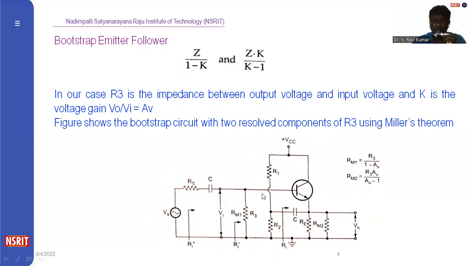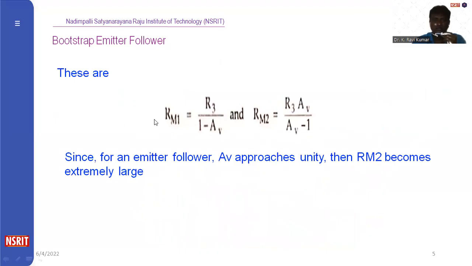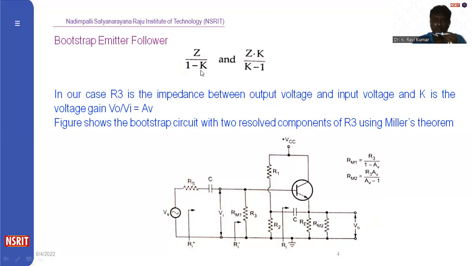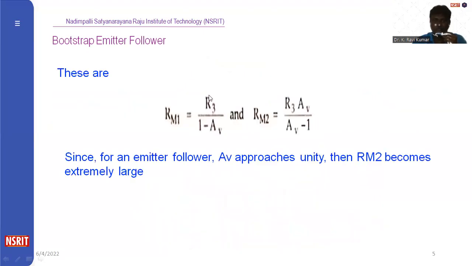So here we are removing the R3. That R3 is connected as RM1 and as RM2. Right? This RM1 is equal to R3 by 1 minus AV and RM2 is equal to R3 into AV by AV minus 1. Previously we have seen Z by 1 minus K. In the place of Z we are considering the R3 resistance. So R3 by 1 minus AV.